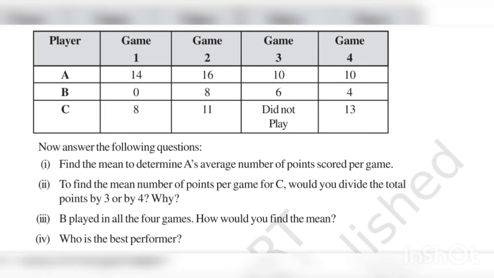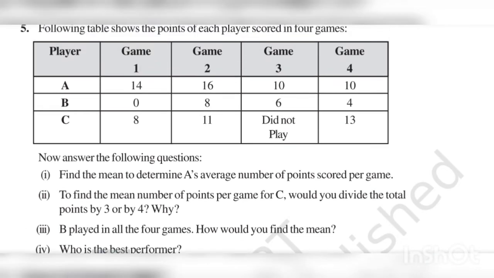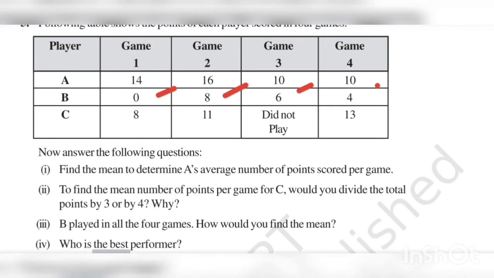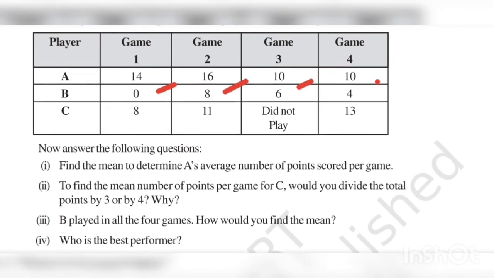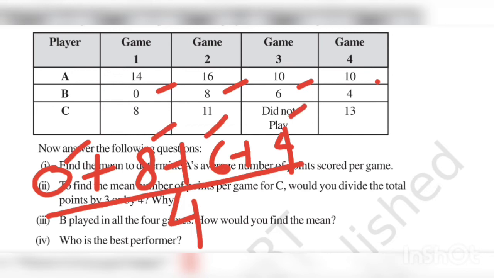In question number 3, it is written, B played in all the 4 games. Yes, we can see all the different scores of B in different games. In the question it is asked, how would you find the mean? Exactly in the same way as A. So, let's add all the observations for B in the 4 games. Game 1, 0 points. Game 2, 8 points. Game 3, 6 points, and game 4, 4 points, and this will be divided by 4, because we are getting 4 observations.